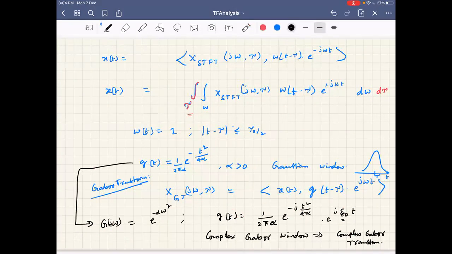All these can be considered under the study of windowed Fourier transform, or short time Fourier transform. Here, whatever we have done with rectangular window, and this is with Gabor window. Okay. Thank you.